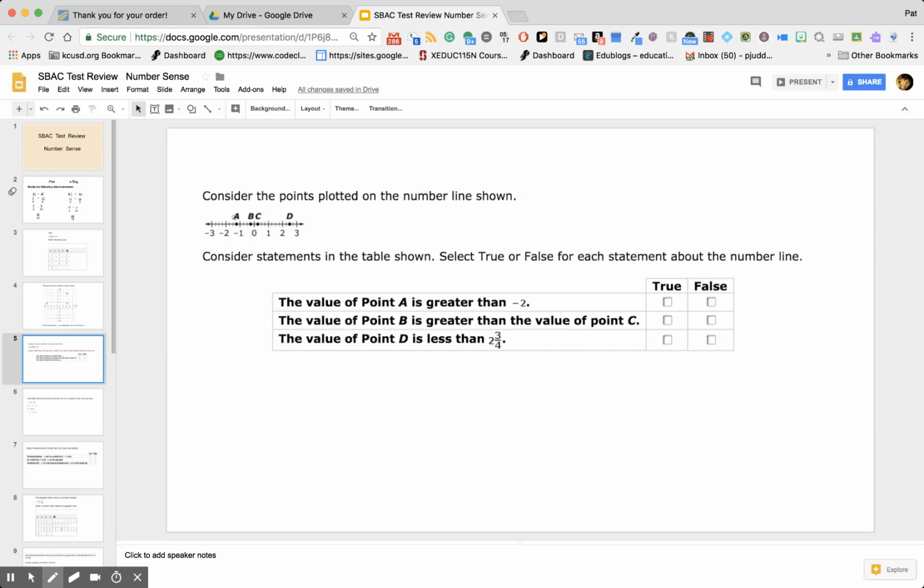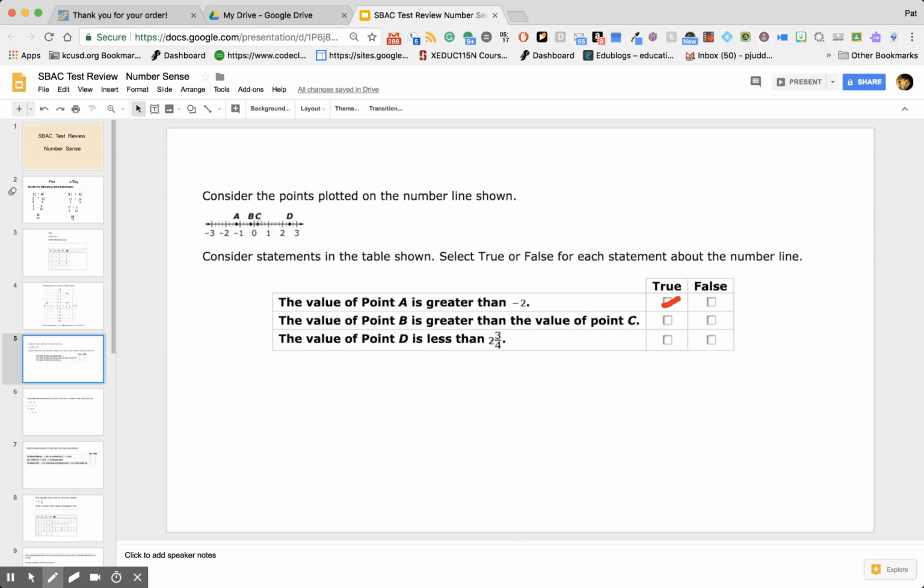So point A is in between -1 and -2. The value of point A is greater than -2. This is closer to 0. That's a true statement.